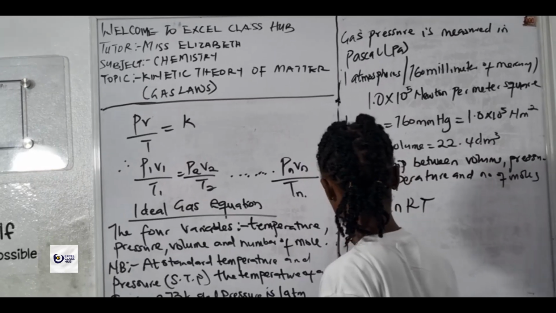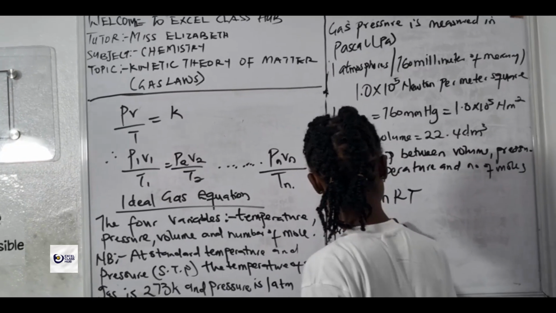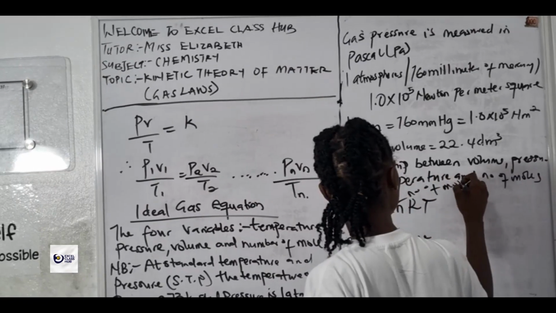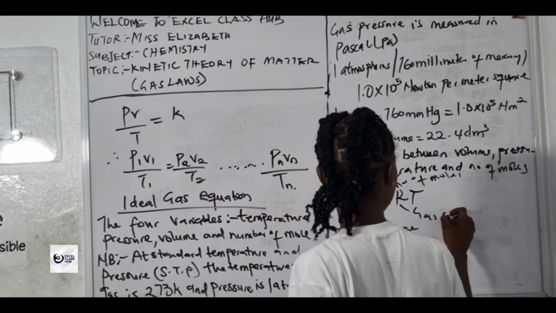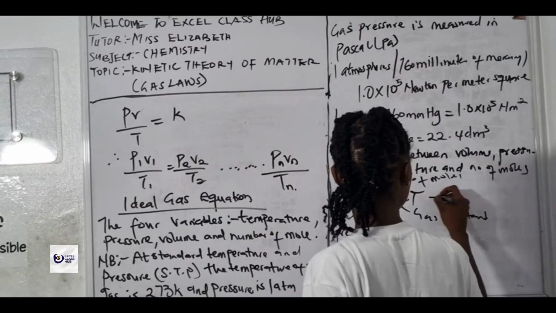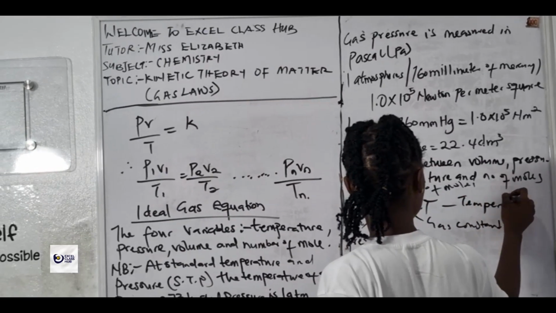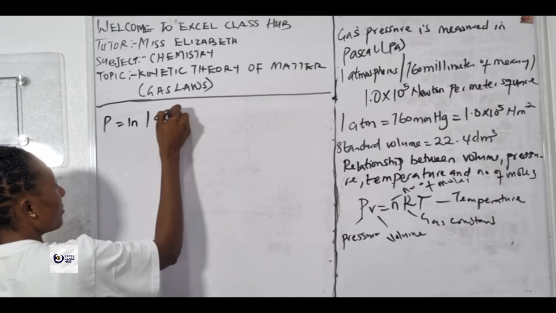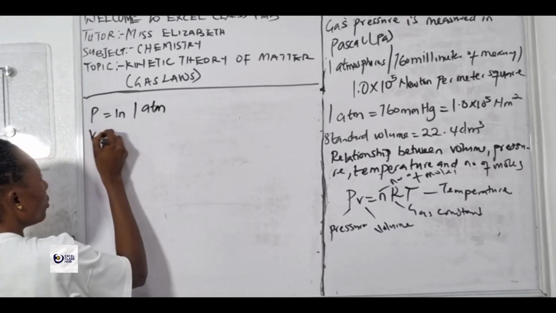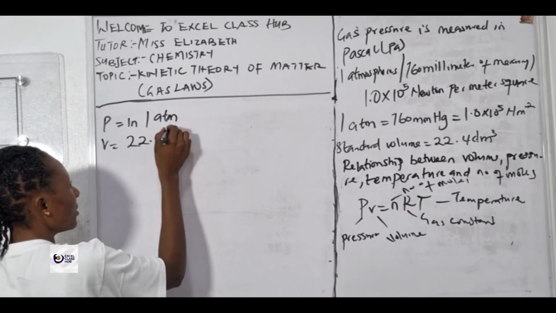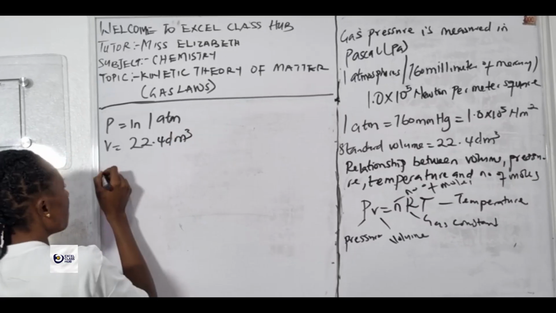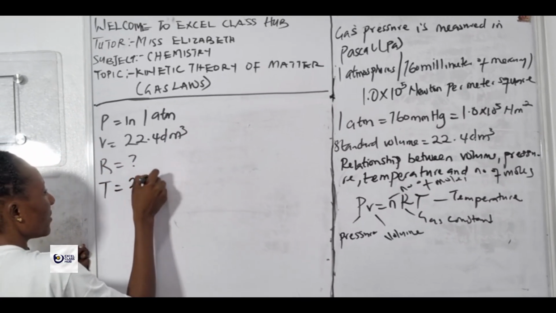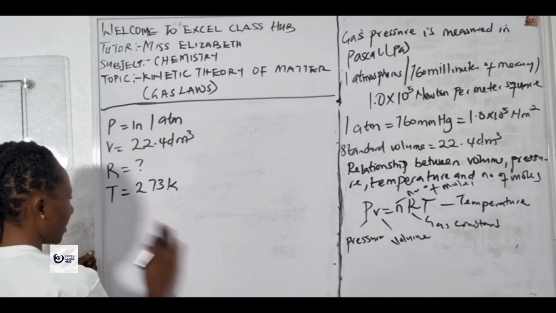P is our pressure, V volume, n number of moles, R gas constant, then we have temperature. In 1 atmosphere, our volume is 22.4 dm cube, R unknown, our temperature 273 Kelvin.